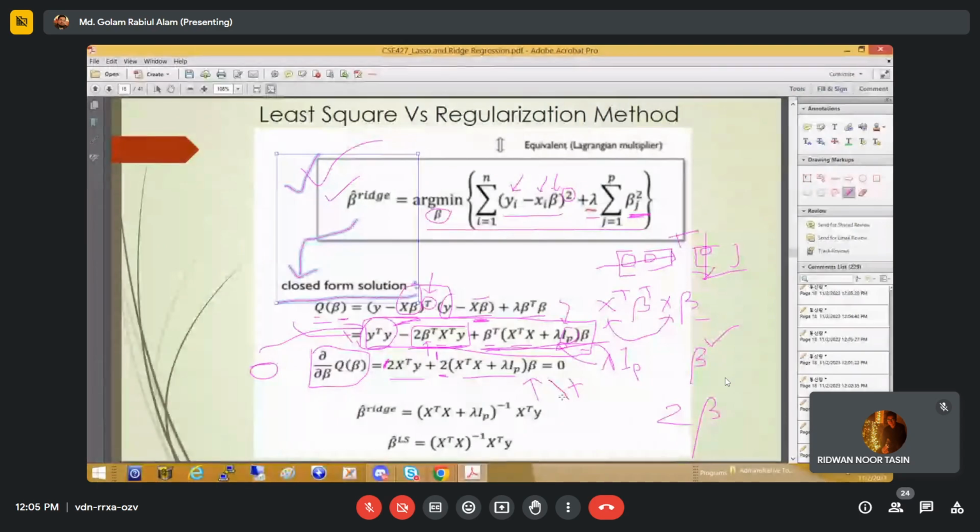From this equation we want to find the value of β. So from this part it will be 2, and then X transpose X plus lambda I P.